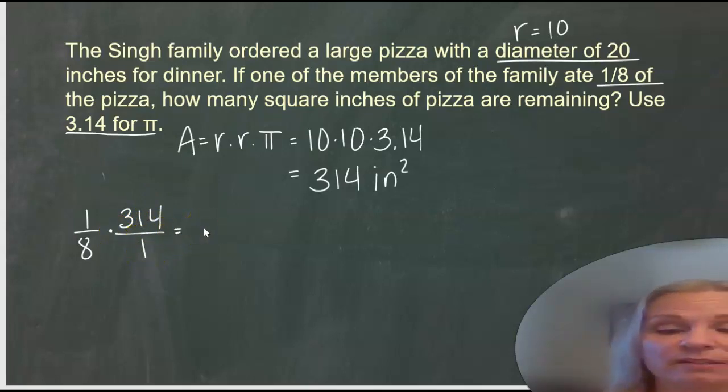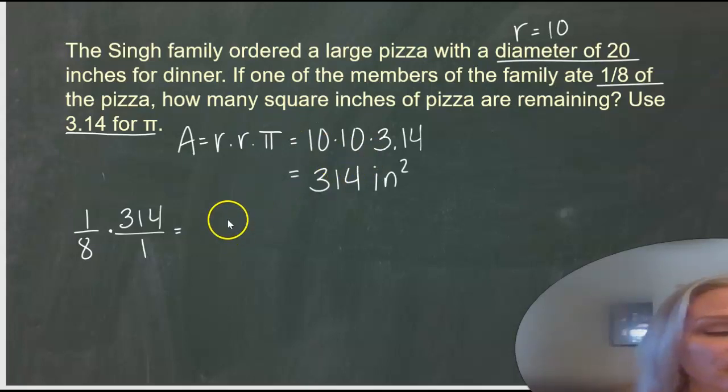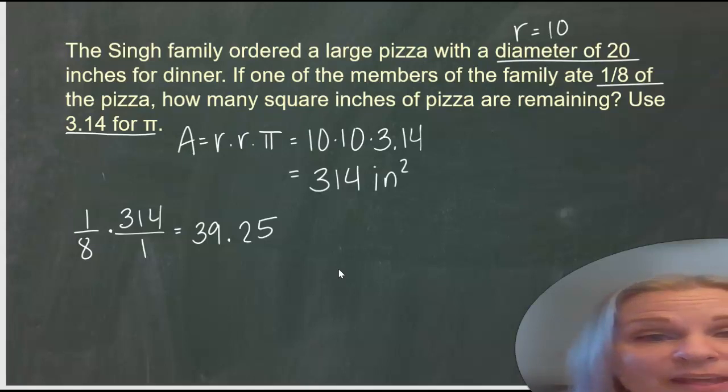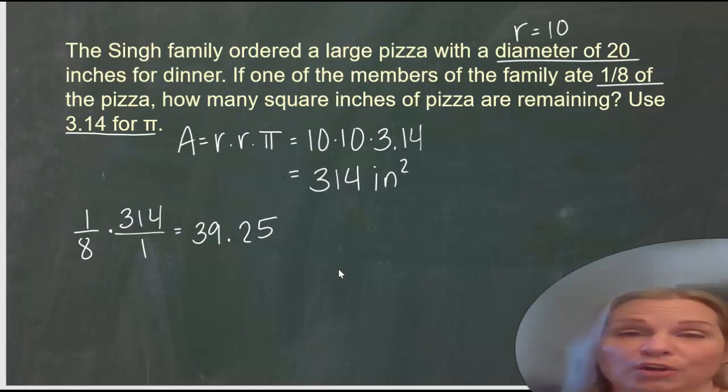let's see if that goes in. 314 divided by 8, it's not a repeating decimal, but it doesn't go in without a remainder. Okay, 39.25, that's 1/8 of the pizza. Then we could take that off and see what's left, right?